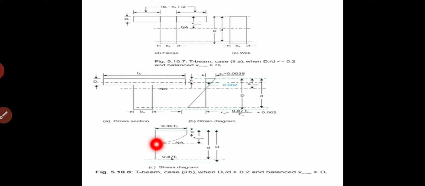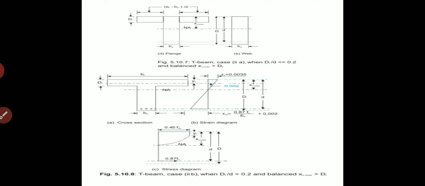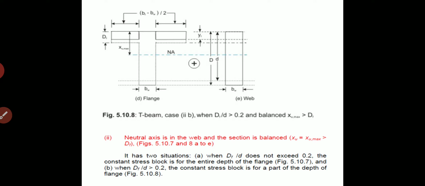In the third case, the neutral axis is in the web and the section is balanced. It has two situations.